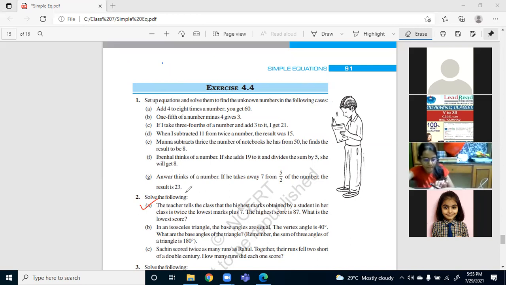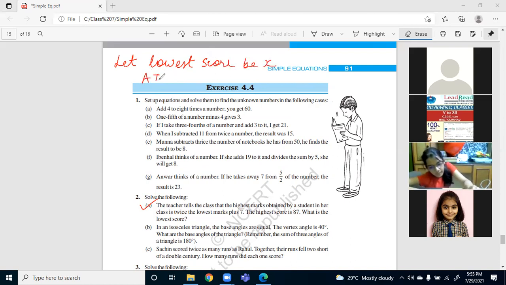So see how to do this question. A teacher tells the class that highest marks obtained by a student in her class is twice the lowest marks plus 7. And highest score is 87. What is the lowest score? So you will write, let lowest score be x.